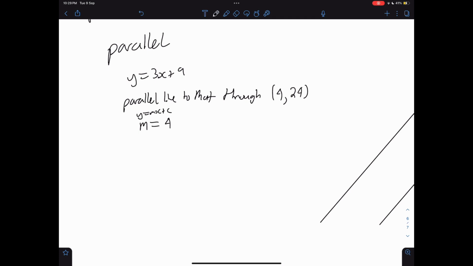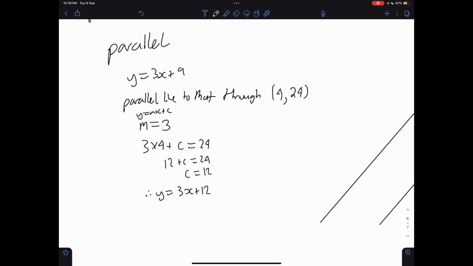M equals 3, sorry, I'm having a brain fart. 3 times 4 plus c equals 24. 12 plus c equals 24. c equals 12. So y equals 3x plus 12.